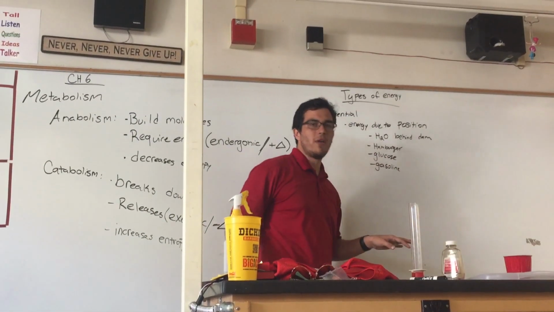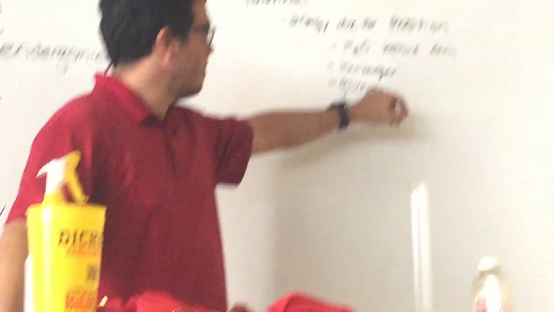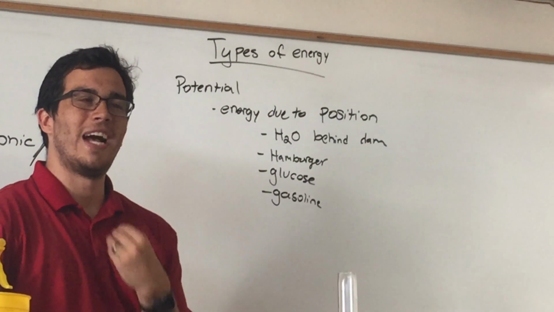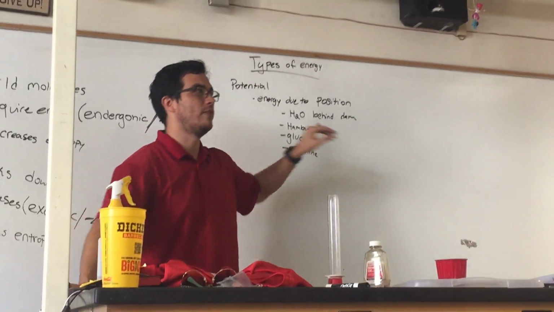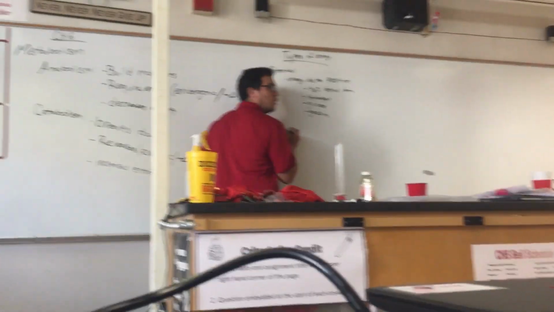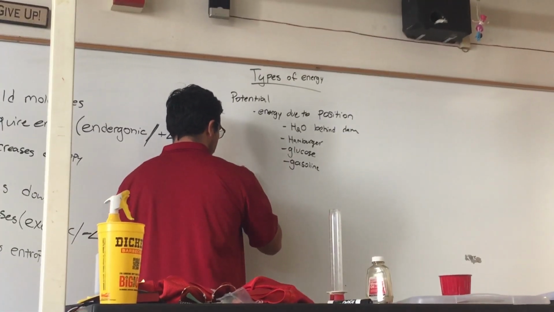Okay? If you think about all of these, not moving, not moving, not moving, none of these are actually moving. They're just kind of sitting there. But there is potentially a lot of energy if we do something with it. And then I've got the other type of energy, that's energy due to movement. Remember what that's called? Kinetic.